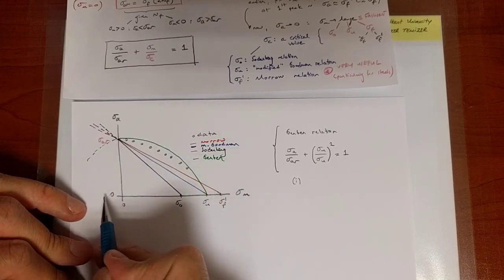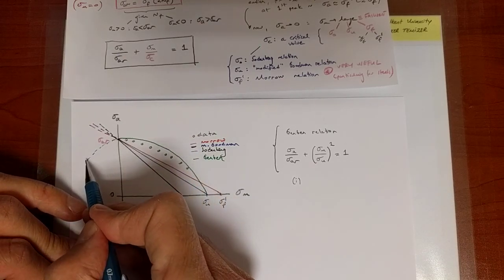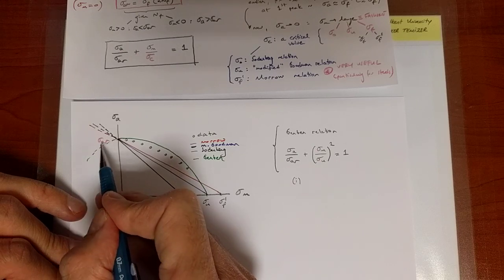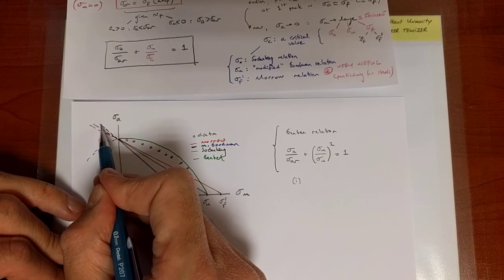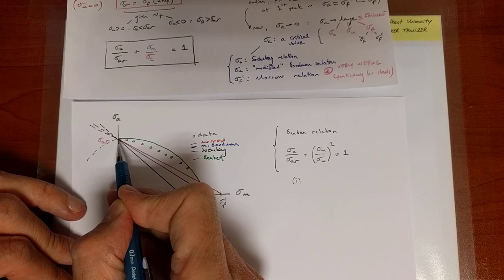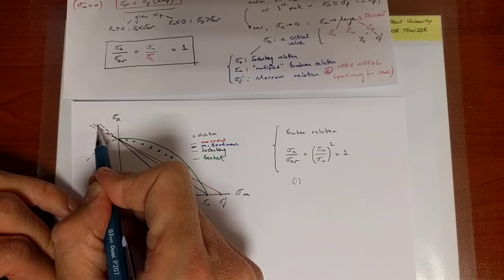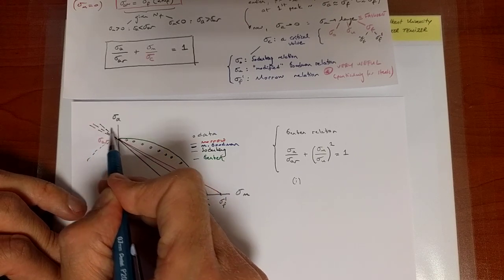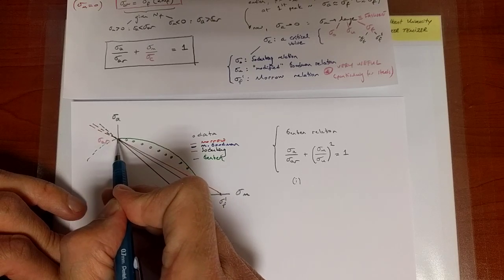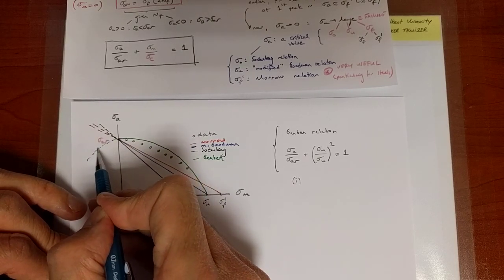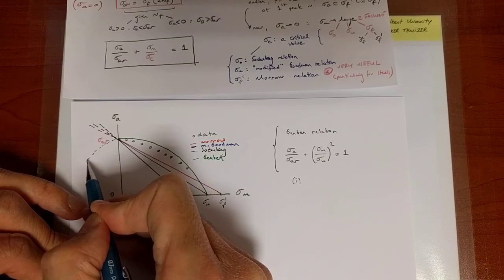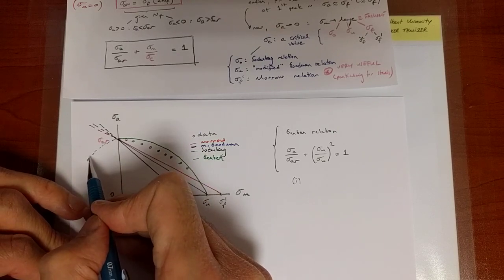When I apply compressive mean stress, then I expect to be able to apply larger alternating stresses compared to the completely reversed value, a larger stress amplitude, to achieve the same life. But here it's saying that that value should be decreasing, which is not correct, doesn't make sense.